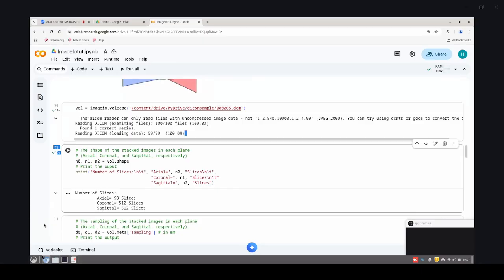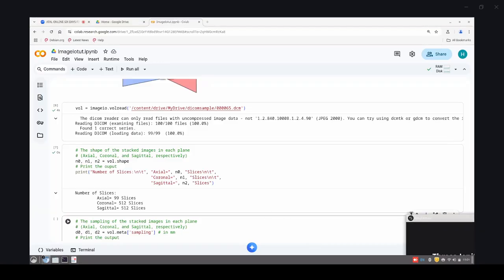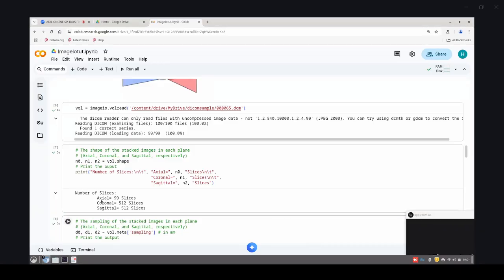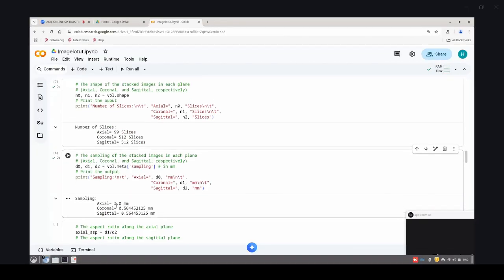If you look at the aspect ratio, you can calculate it programmatically here. For the axial plane, the slice thickness is 3 mm. Of course, it is higher because there are only 99 slices.